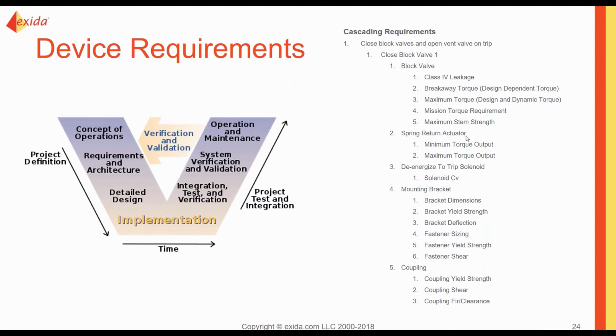Each of these specifications now would have, for example, a maximum stem torque strength of 10,000 pound torque. Then you could validate or verify with the valve design or the valve OEM that it's met. So if we get more precise requirements, we could do a better job of verifying them.